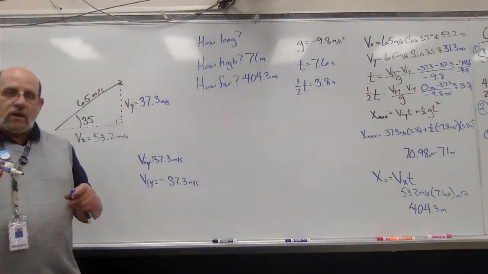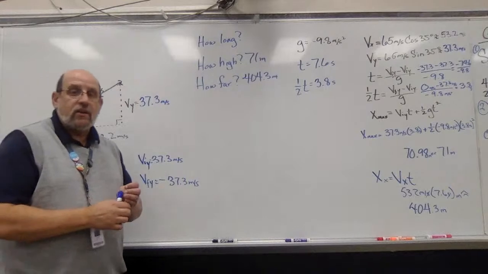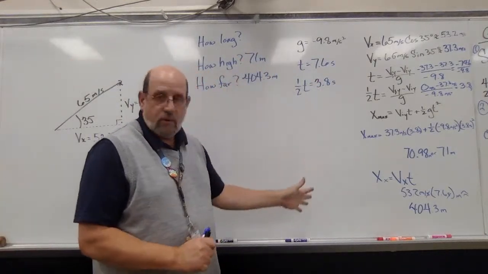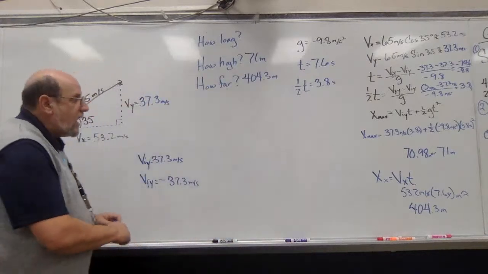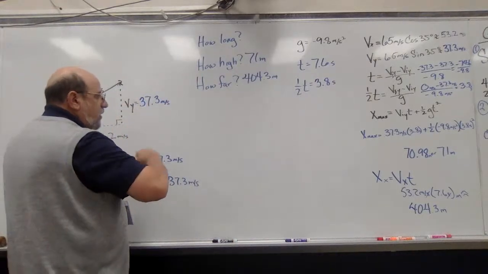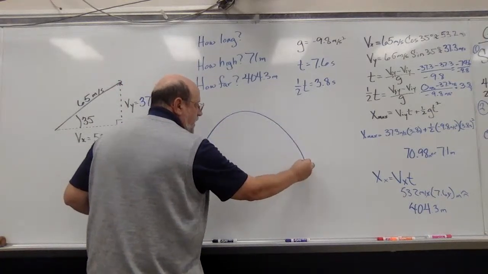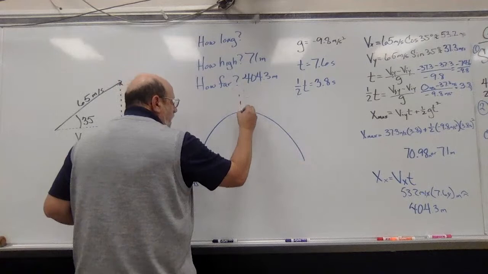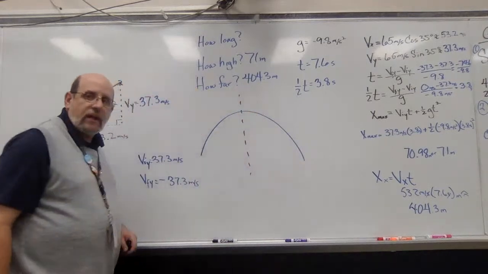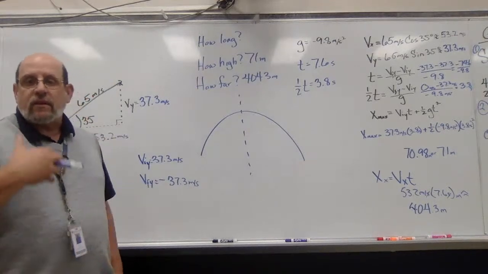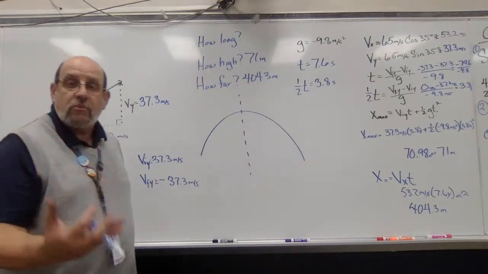And that's it. Now, you see, there is a lot to figure. There is a lot to remember. But if you understand parabolic flight, if you understand that it starts here, goes up here, comes back down here, and its max height is midway through the flight, you're going to be getting there, and things are going to be moving along a little bit more smoothly.